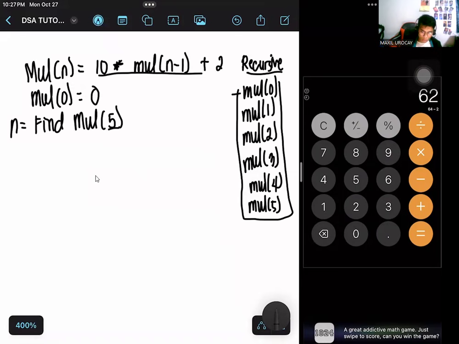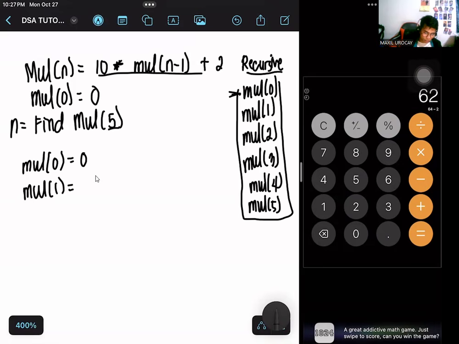So we will calculate mul 0 first, since that is the base case, which is equal to 0, and then calculate mul 1 as we move through the stack.